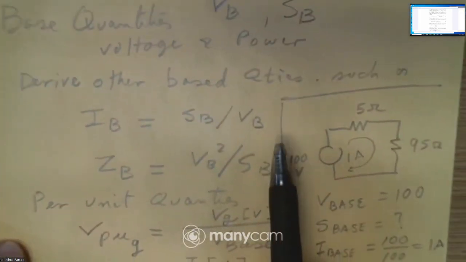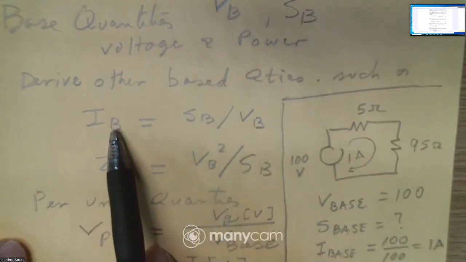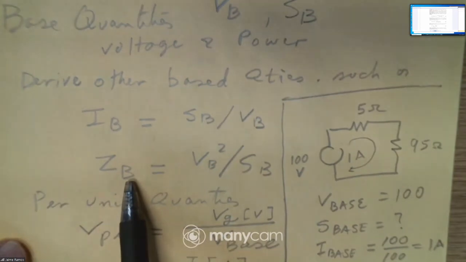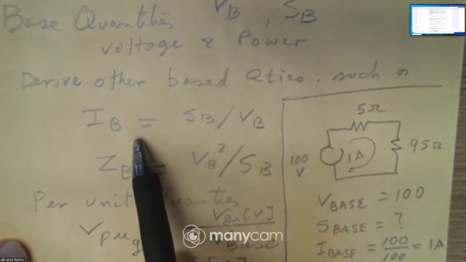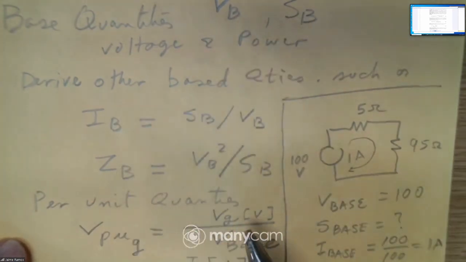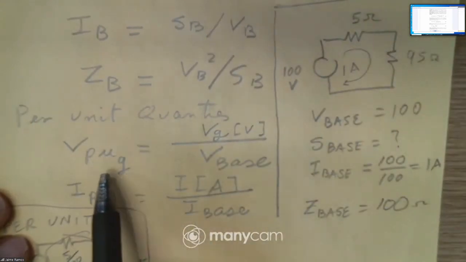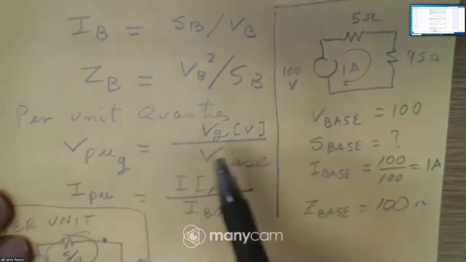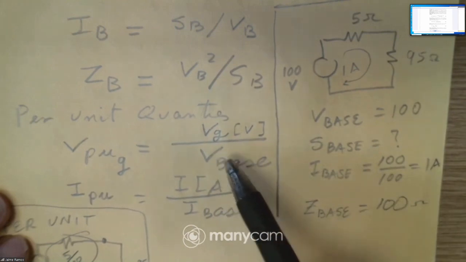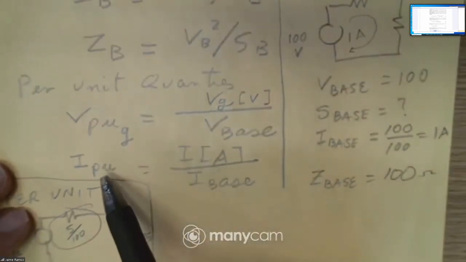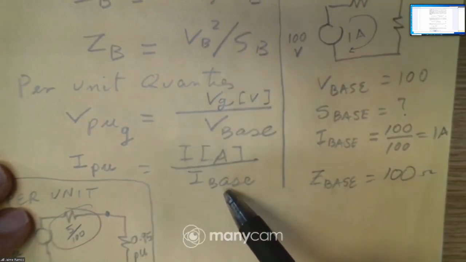Now we derive the other base quantities, for example, the current and the impedance. All these numbers with the subindex B mean base quantity. Now, we are going to work with per unit quantities. The voltage is going to be the real voltage in volts divided by the base voltage. The current in per unit is going to be the current divided by the base.